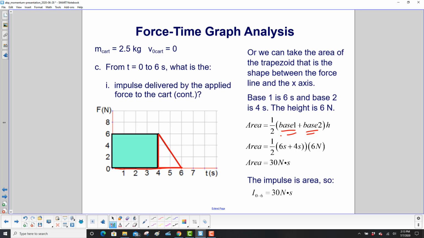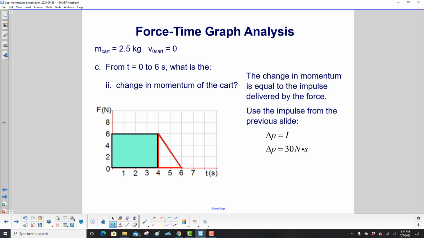So here's our base, that's base 1, that's 6 seconds long. And here's base 2, the horizontal part of this guy here. So that's 4 seconds. And then the height is going to be 6. So we have the two bases added together, times the height, and once again we get 30 newton seconds. That's good, or else geometry would be wrong. So the impulse is the area, so the impulse is 30 newton seconds.